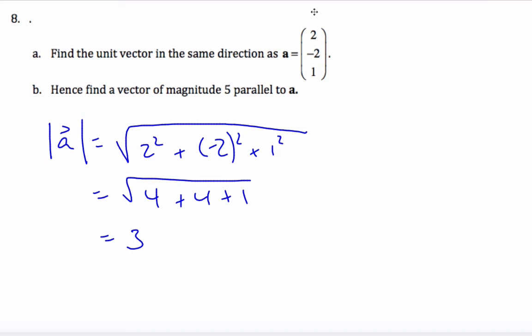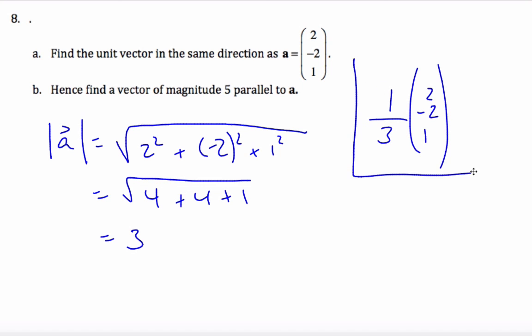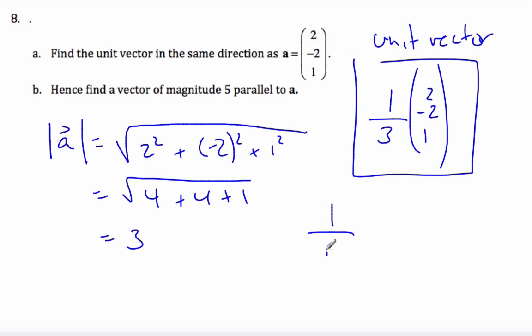And so if I take a and divide it by 3, this now has a length of 1. It is a unit vector. I take 1 over the magnitude of a times a. That is my definition of a unit vector.